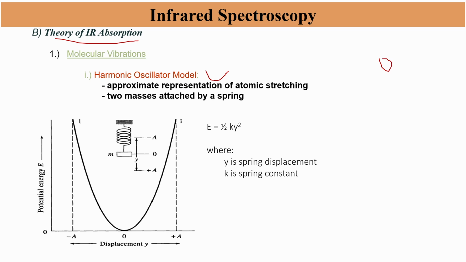Suppose, as I explained, two atoms are connected by a spring and they are vibrating, so the vibration frequency or the potential energy of the spring varies with the displacement of the spring. If there is zero displacement, this is the original position, so the potential energy is equal to 0.